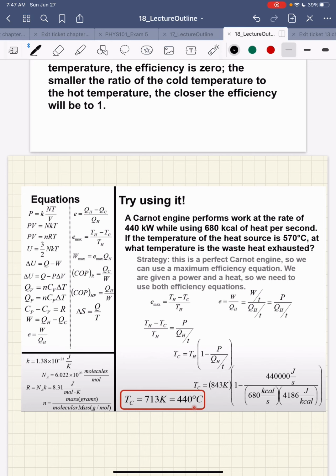Now, of course, we're going to assume a perfect Carnot engine where the efficiency can be calculated as TH minus TC over TH. We are given a power and a heat, so we need to use both efficiency equations, which are this one and this one here.